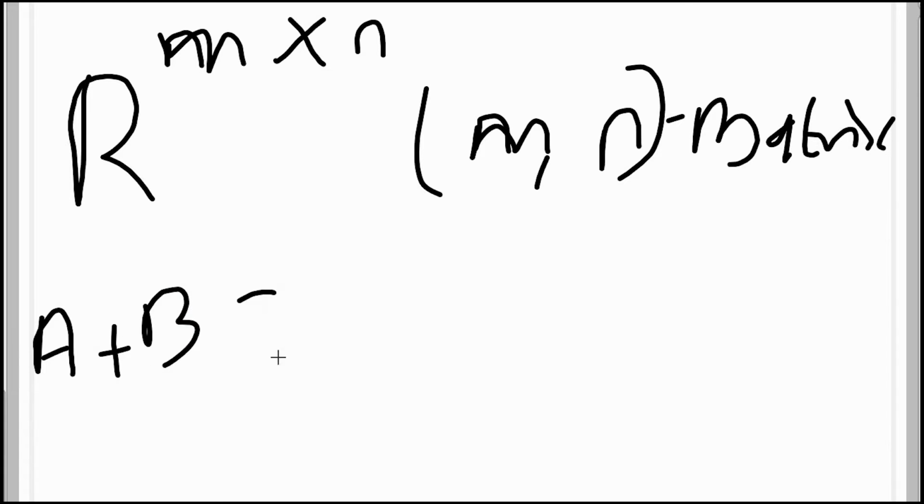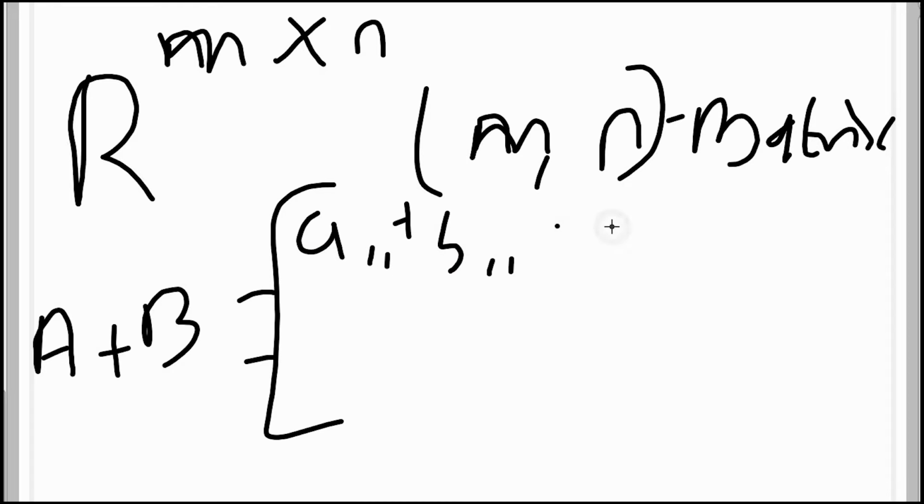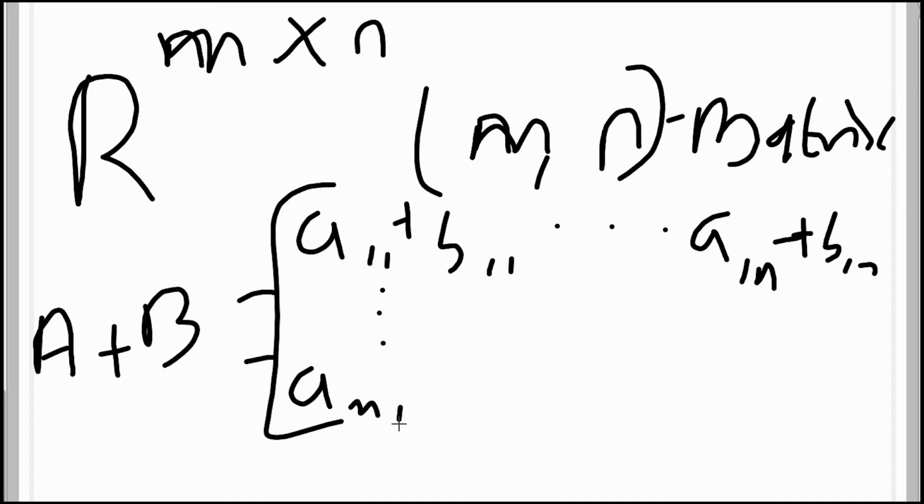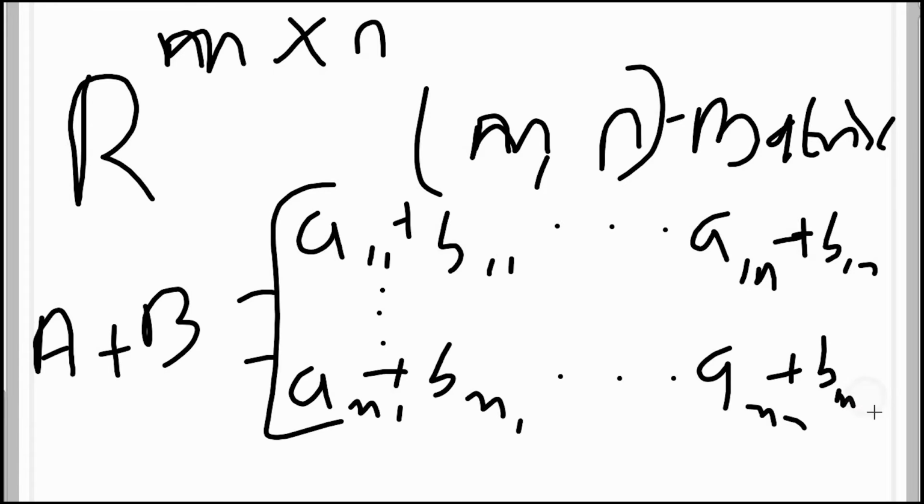We want to add A plus B, we have, let's say our matrix A plus B is now A11 plus B11 dot dot dot A1n plus B1n, then dot dot dot, then we have Am1 plus Bm1 dot dot dot Amn plus Bmn.